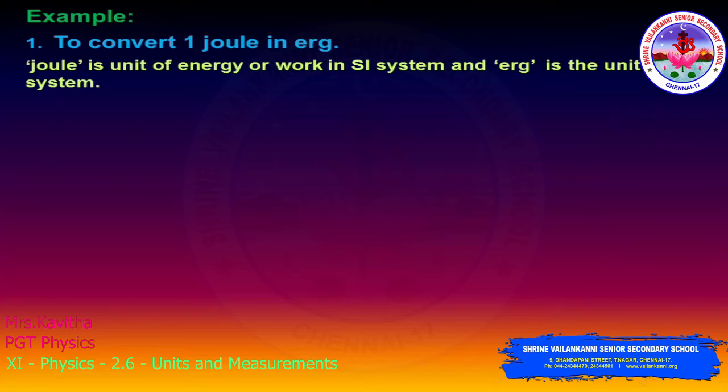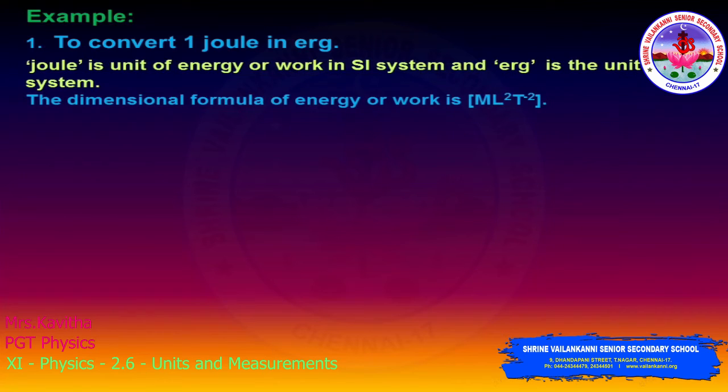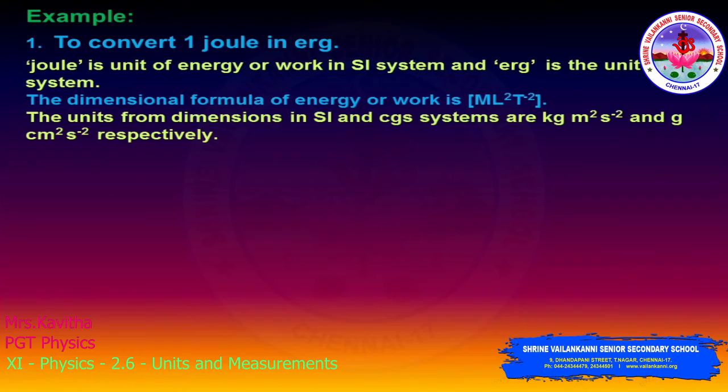The dimensional formula of energy or work is M L square T power minus 2. The units from these dimensions in the SI and CGS systems are kilogram meter square second power minus 2 and gram centimeter square second power minus 2.